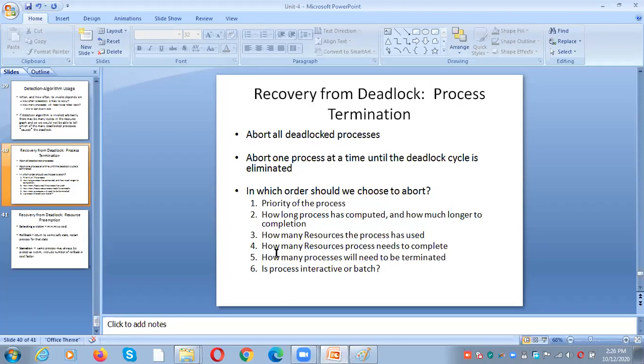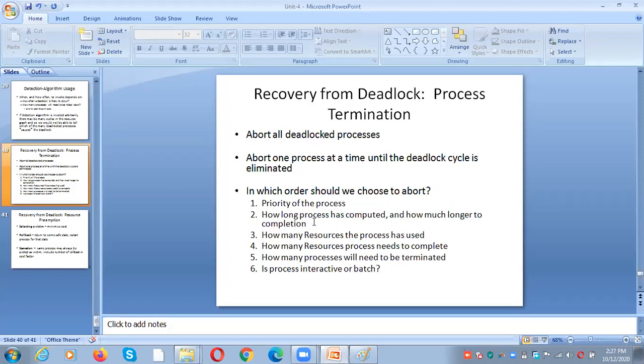You need to check for the priority, and always you need to choose the low priority process, right? A high priority process should not be terminated. And then how long a process has completed. For example, a process requires 10 milliseconds of CPU time. It has executed for the last 8 milliseconds. Just 2 more milliseconds are required to complete the task.